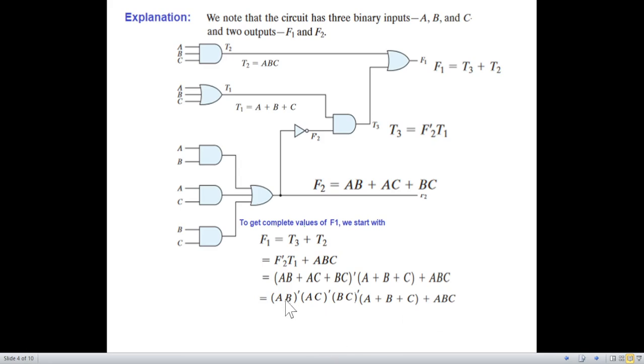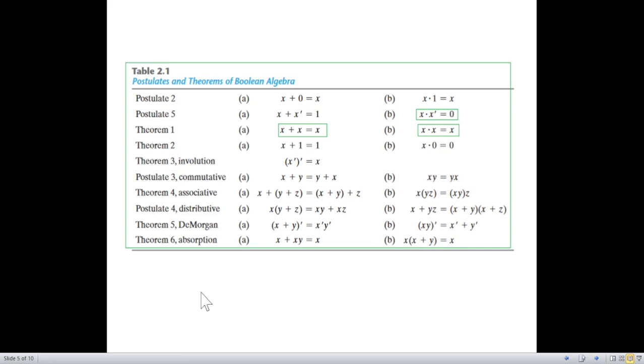And now we can further open this. Because it is an AND gate inside, it will now become an OR gate with A dash and B dash. So A dash or B dash, similarly this one, and these two remain as they are. So this needs further simplification, so we'll move to the next page.